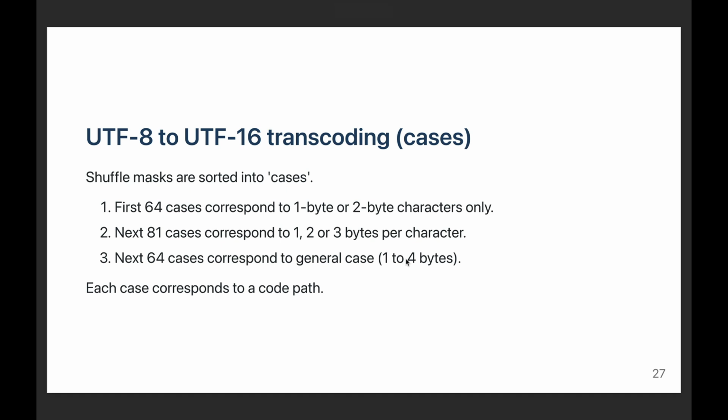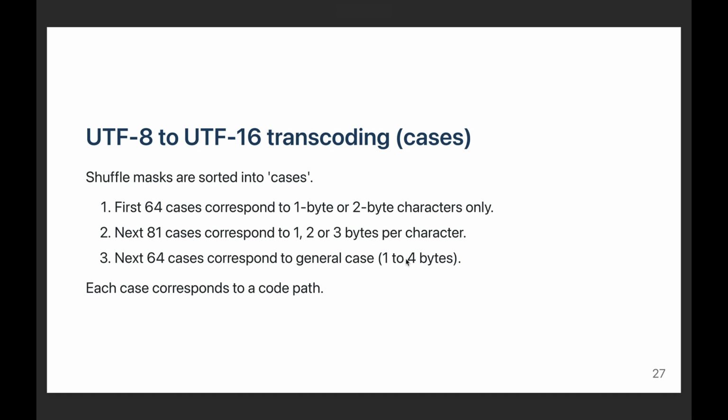This index to a table of shuffle masks carries information of its own. We have 3 different code paths, depending on whether we only encounter 1-byte and 2-byte characters, or whether we have found 3-byte characters, or whether we are in the general case where we might have a 4-byte sequence.